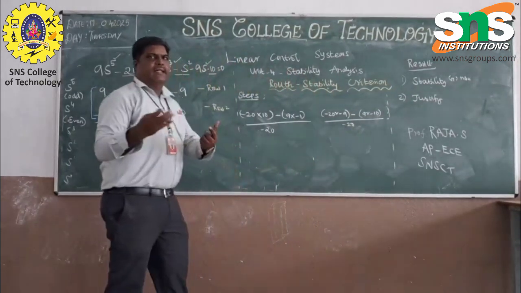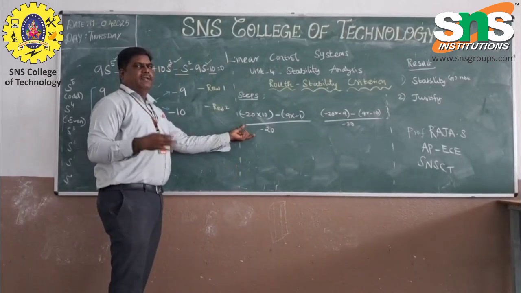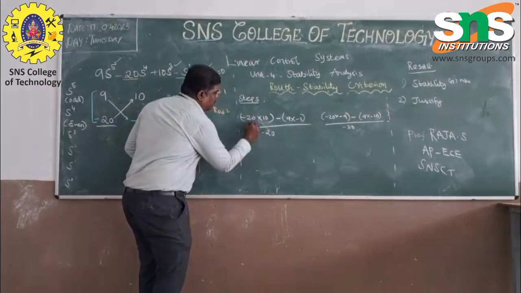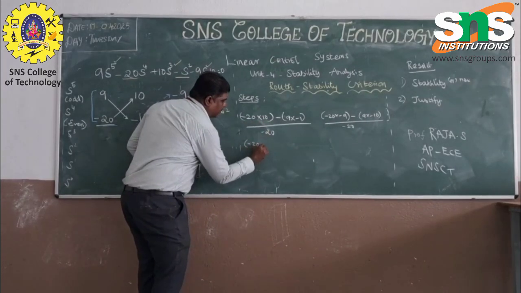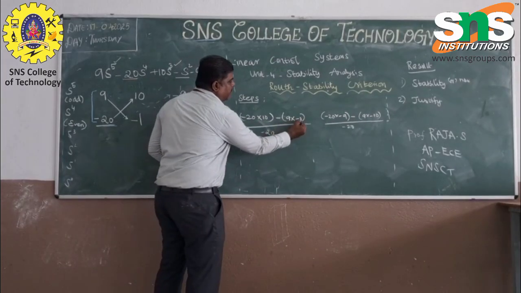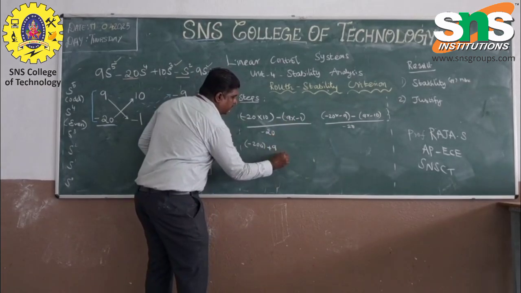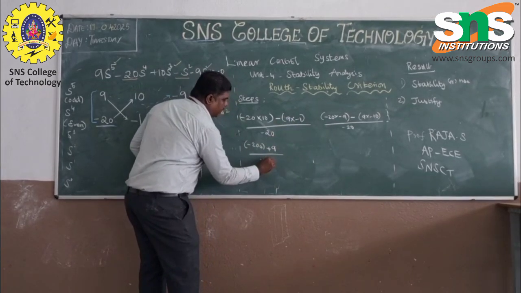Either you can calculate manually or by using a calculator. For example, I can calculate manually. Minus 20 into 10 is minus 200. Minus of minus 1 into 9 is minus 9, so minus here, so plus 9 comes here, and the denominator is minus 20.